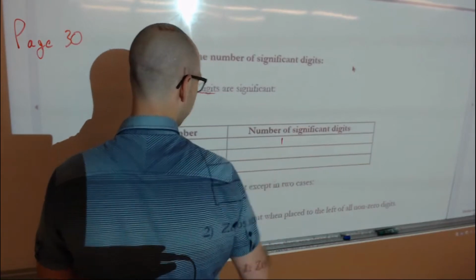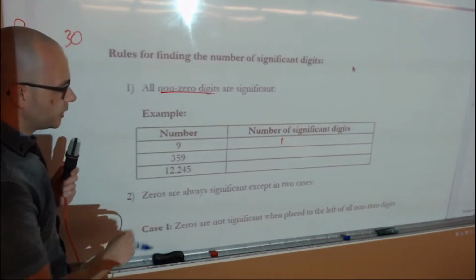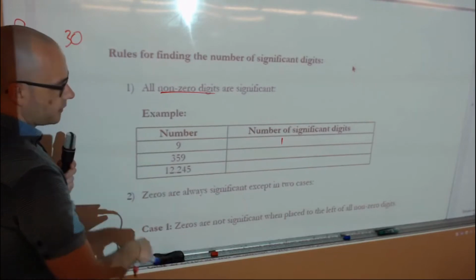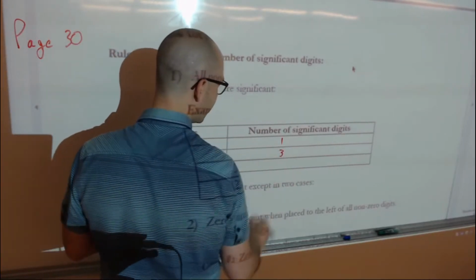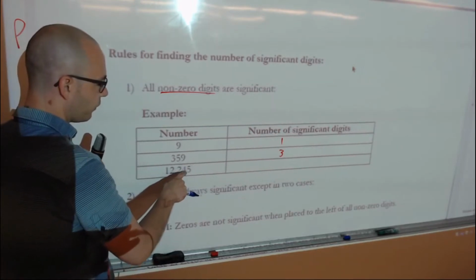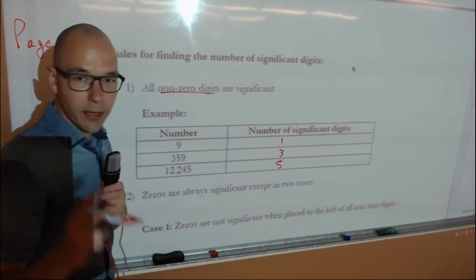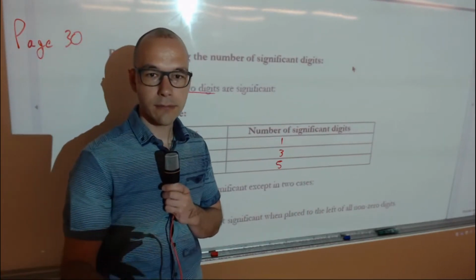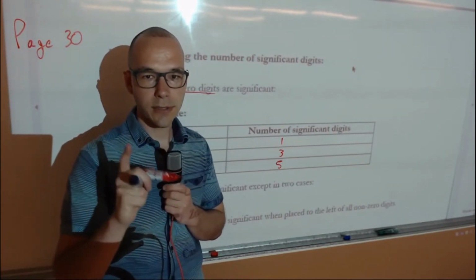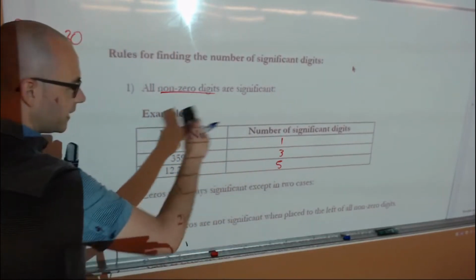Since it's not zero, it's automatically a significant digit. 359 has 3 significant digits, and 12.245 has 1, 2, 3, 4, 5 significant digits. So if there's no zero, all numbers that are not zero are significant digits. This is the easiest case.